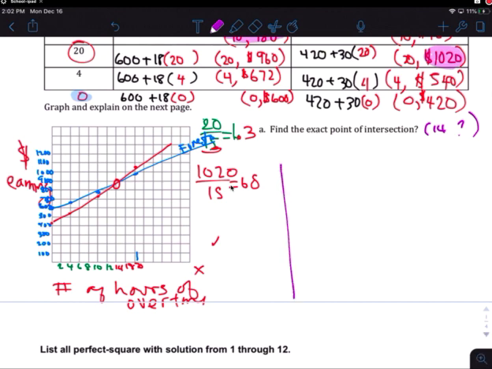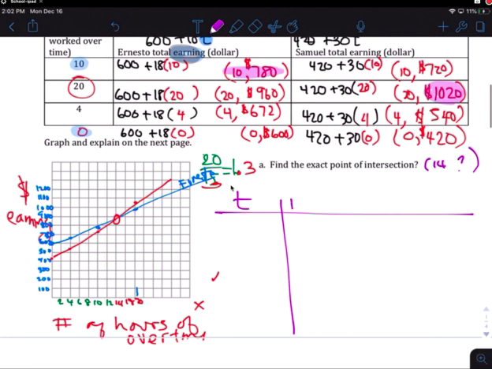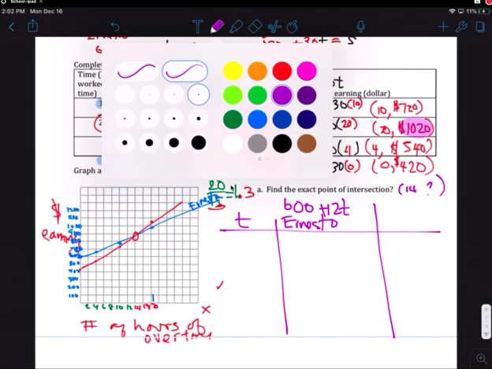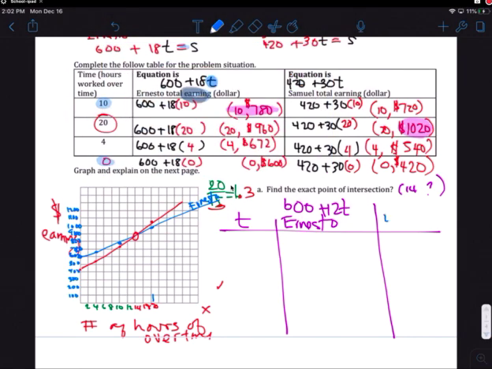Okay, you make a table again. I'm going to erase this here. X or T, and then total earnings. For Ernesto it was 600 plus 12 T, and Samuel is 420 plus 30 T. All right, so we said 14.